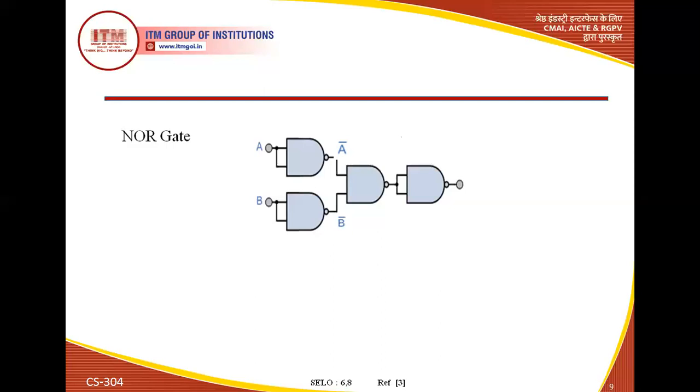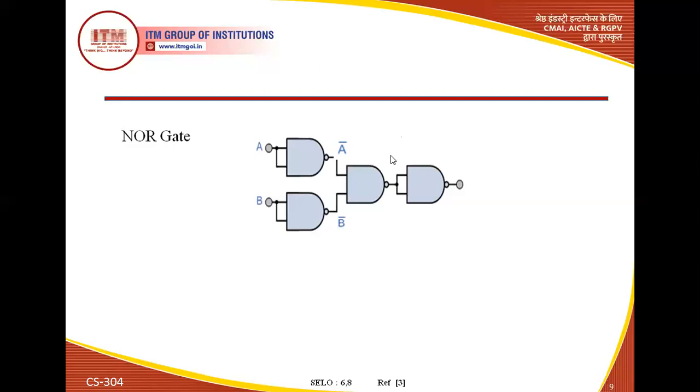And A bar and B bar work as inputs for this NAND gate, so we get the output like this. The output will be the same as we saw just now, (A dot B) whole bar. Basically it is working like an OR gate, so the output we get will be an OR gate output.